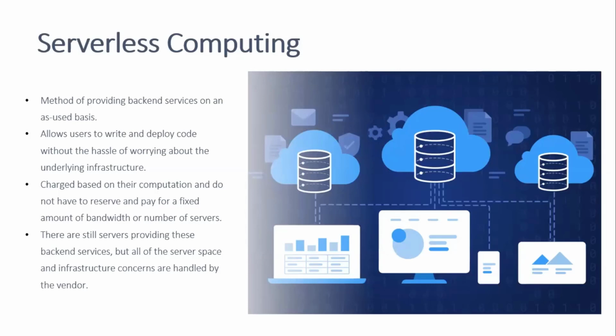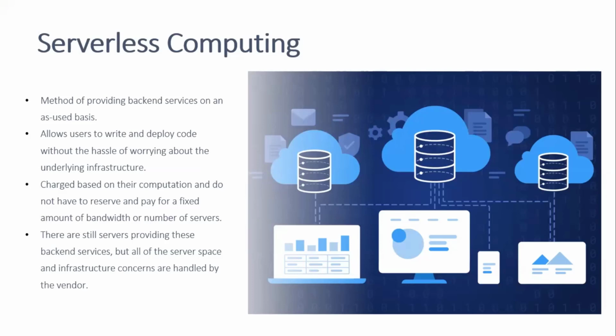Whatever physical hardware is provided by the cloud service providers, we just use that hardware infrastructure and run the applications on it. So there is no underlying server or infrastructure we need.